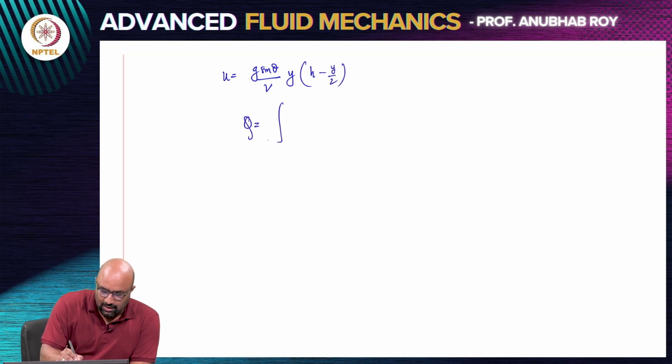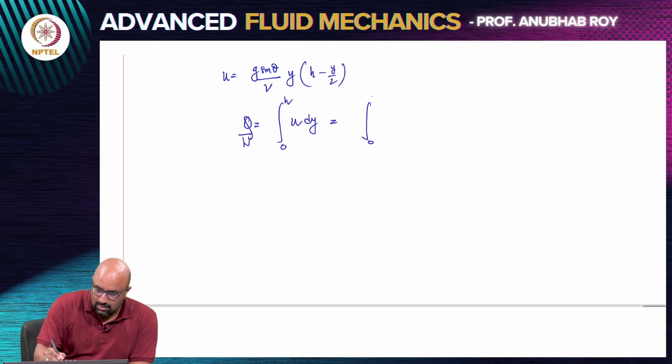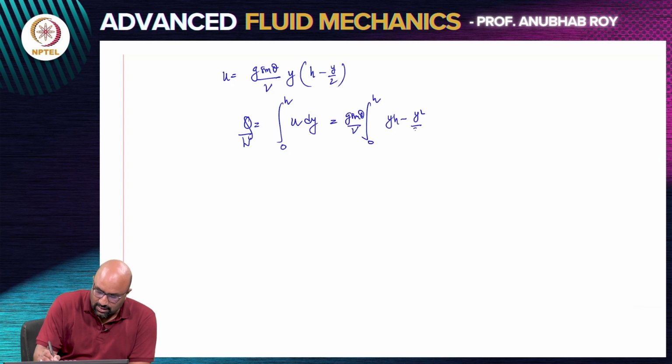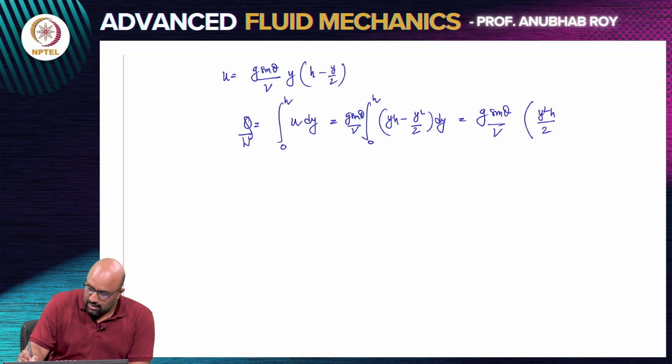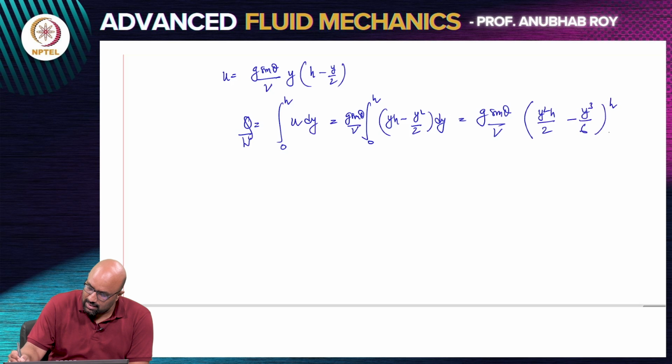So, you can find the volume flux per unit depth. This would be integral 0 to h of u dy. So, 0 to h g sin theta by nu y times (h minus y by 2) dy. So, that is g sin theta by nu [y square h by 2 minus y cube by 6] from 0 to h.